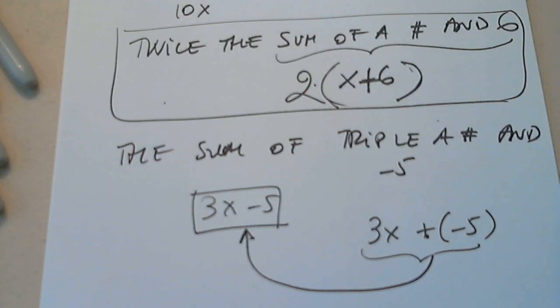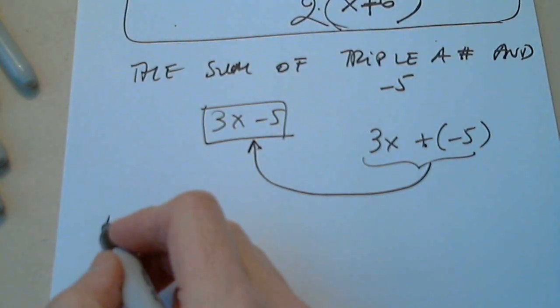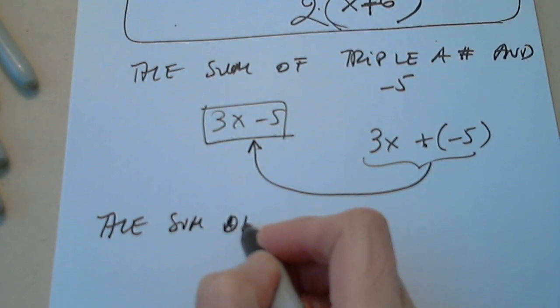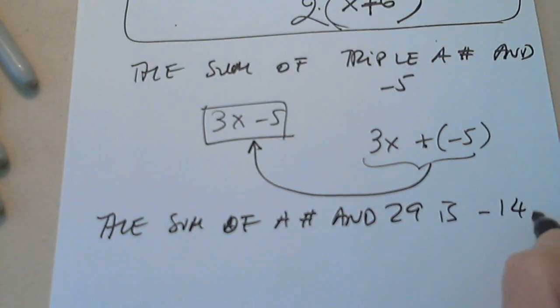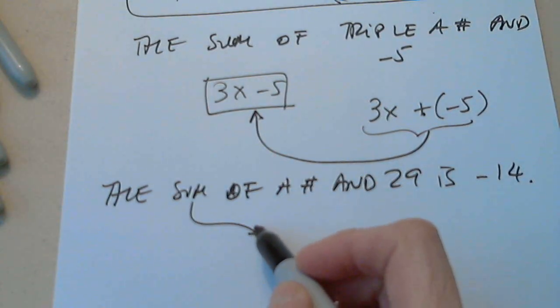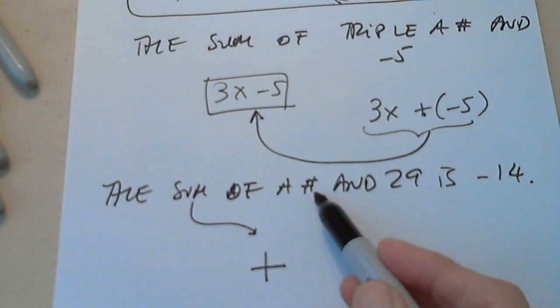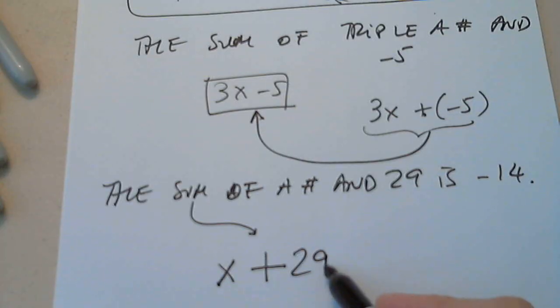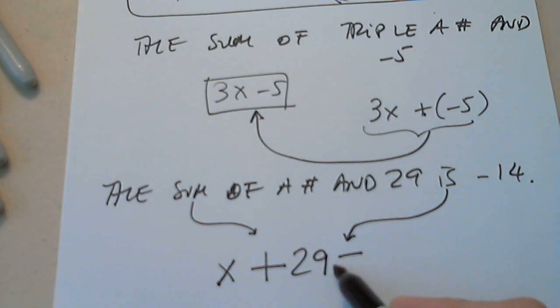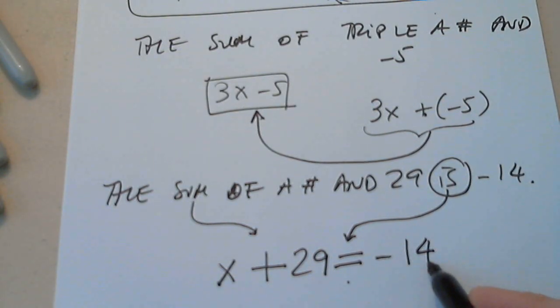The sum of a number and 29 is -14. Okay, the sum, it's addition, of a number and 29, is translates into the equal symbol, -14.